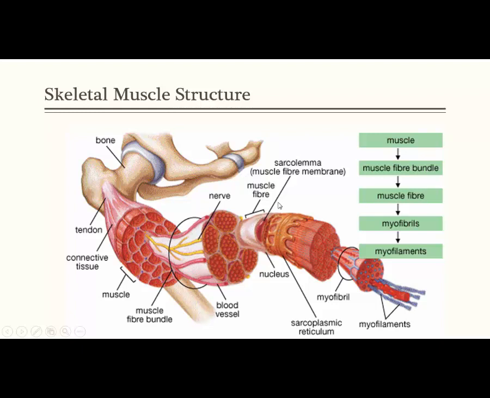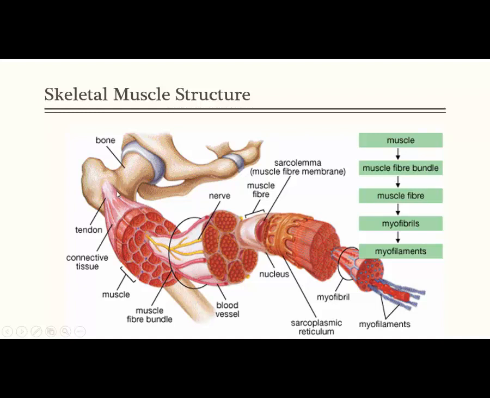These cells or muscle fibers are bundled together into a structure that we would call a muscle fiber bundle. And nerves and vessels surround the muscle fiber bundle. These bundles are bundled together into what we would call a muscle.